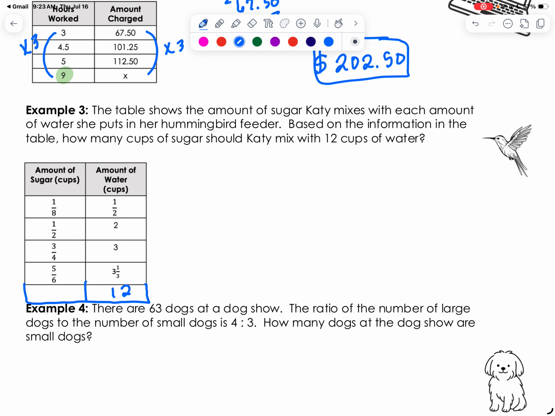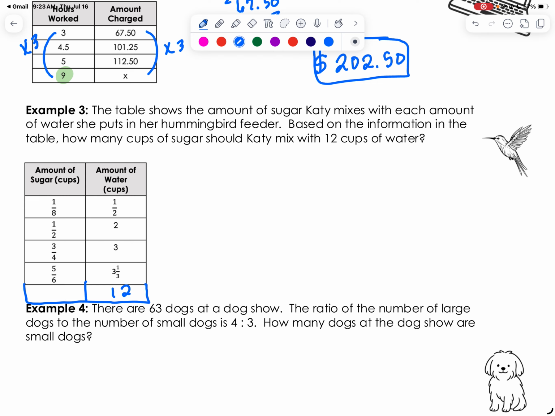Now, when you're scaling, you want to pick a water amount that is easy to scale to 12. So I would either use the 1/2 cup of sugar to 2 cups of water, or the 3/4 cup of sugar to 3 cups of water.